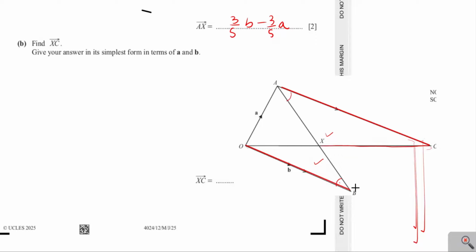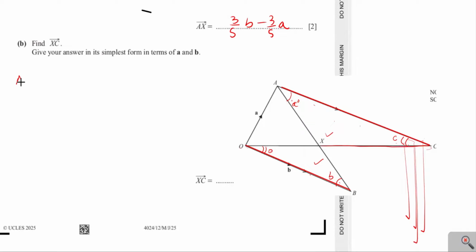The angle between AB and AC, suppose, is a degree, and the angle between XB and OB is b degree. These two angles will be equal because these are alternate angles on parallel lines. And next angle, look here, this is angle C and this is angle O. These two angles will also be equal because these are also alternate angles. When two angles are equal, the two triangles will be similar.